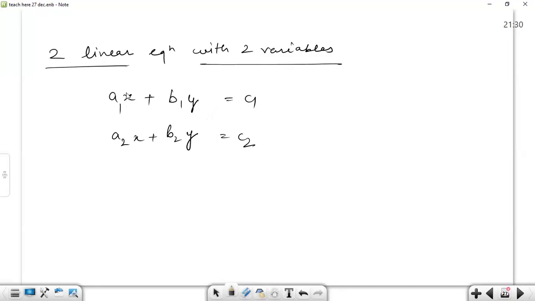So now these are the two linear equations where a1, b1, and c1 are real numbers, constants.